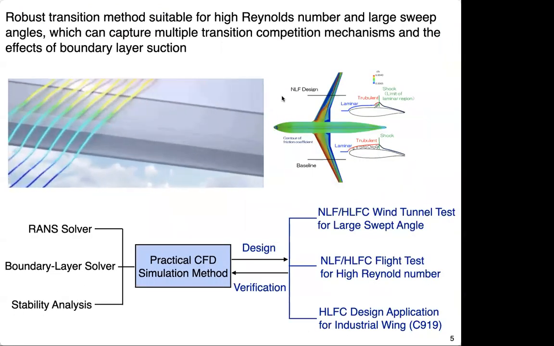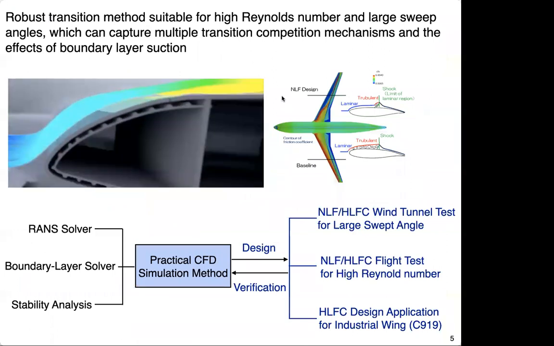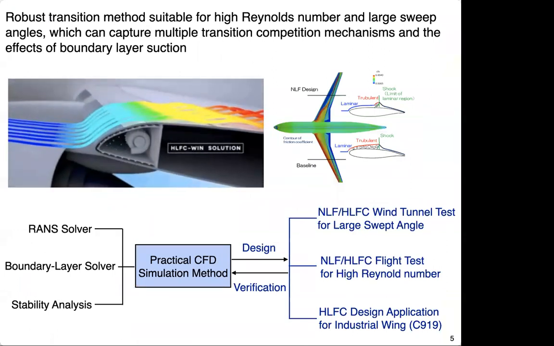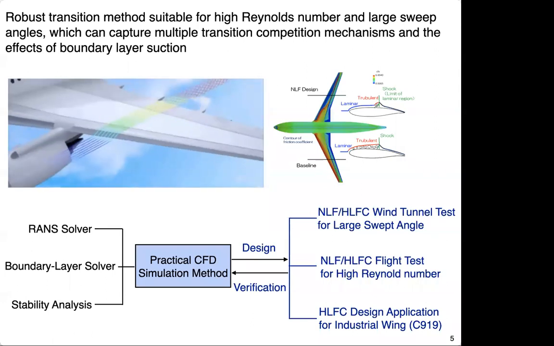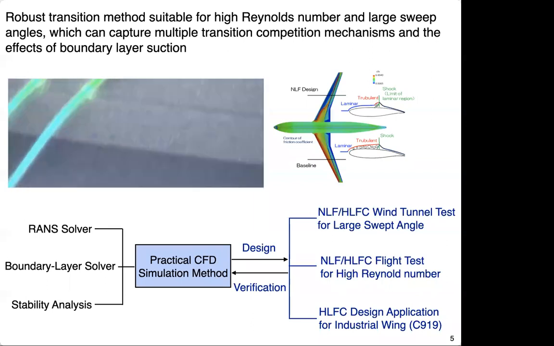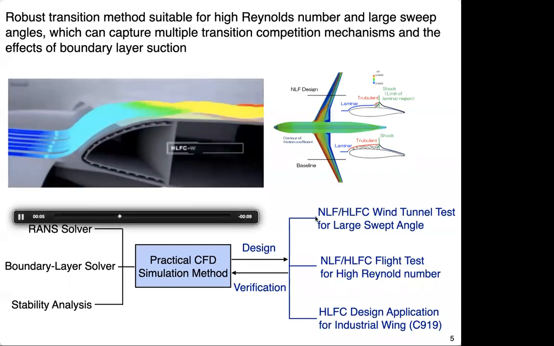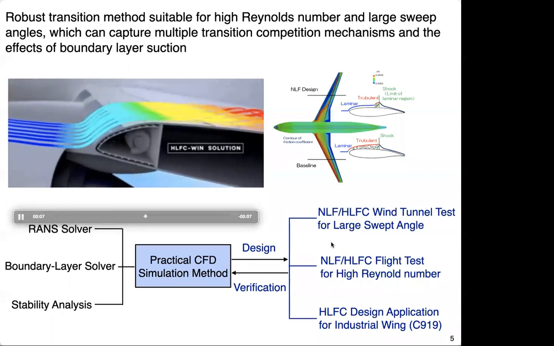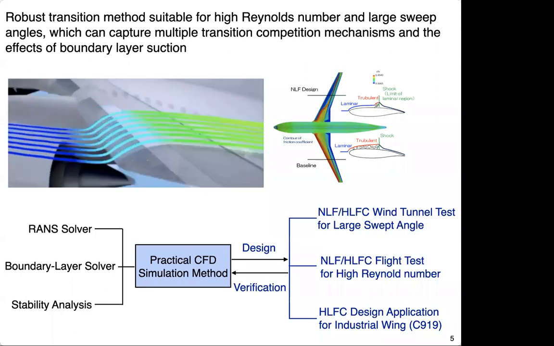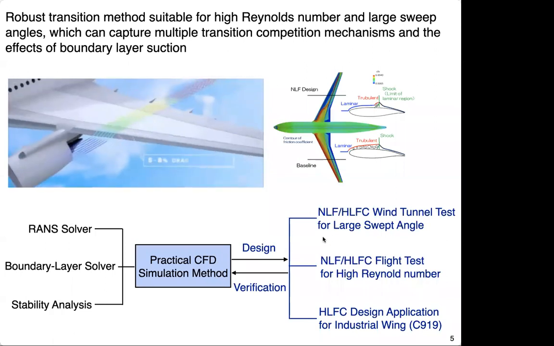For the first topic, we need to build a robust transition method. As we all know, the eN method is widely used in industry applications. So in today's topic, I also use the adjoint-based method. In this part, I implemented wind tunnel and flight tests to validate our code.